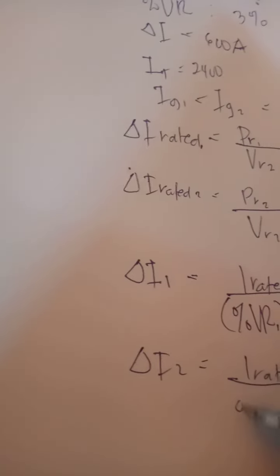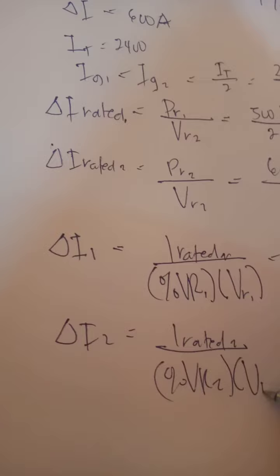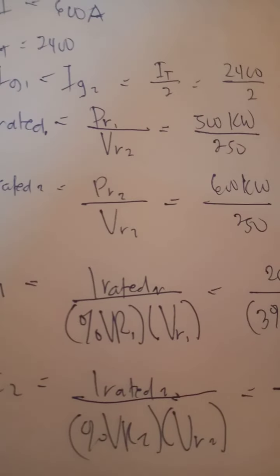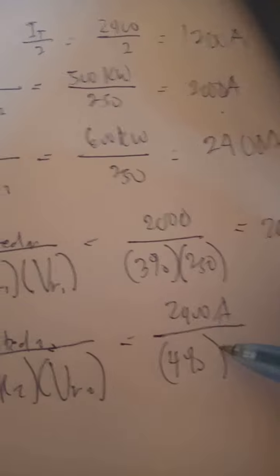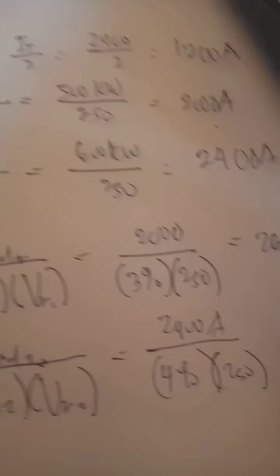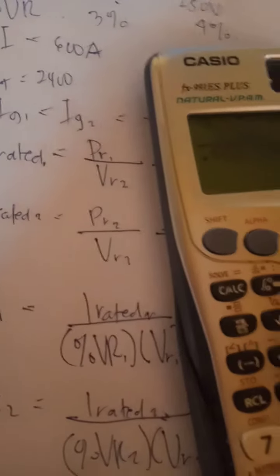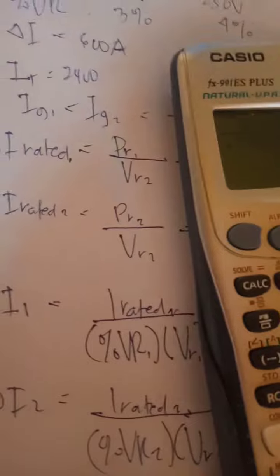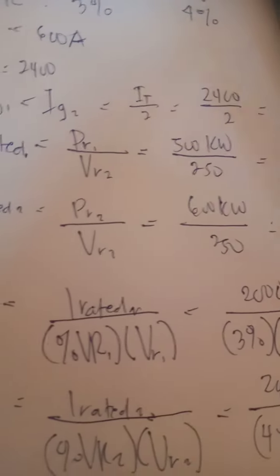This is 1 over the percentage of the VR2 times the voltage rated of the second generator. That's 2400 amperes over 4% times 250, which is 2400 over 0.04, so we have 240 delta V.